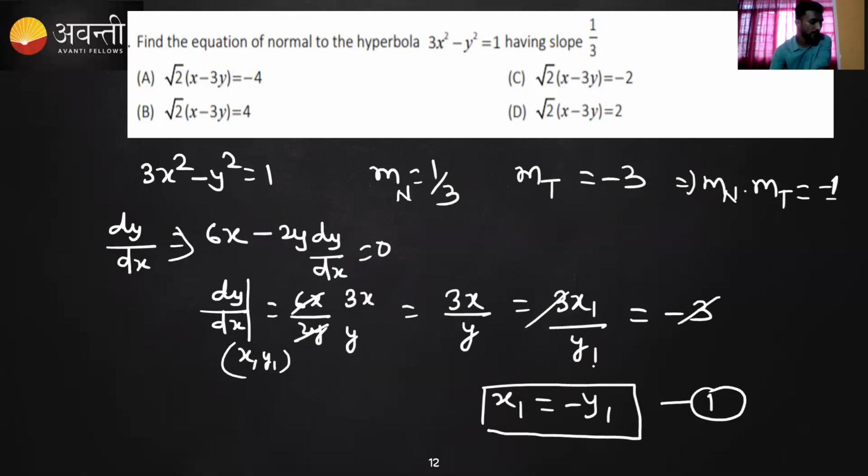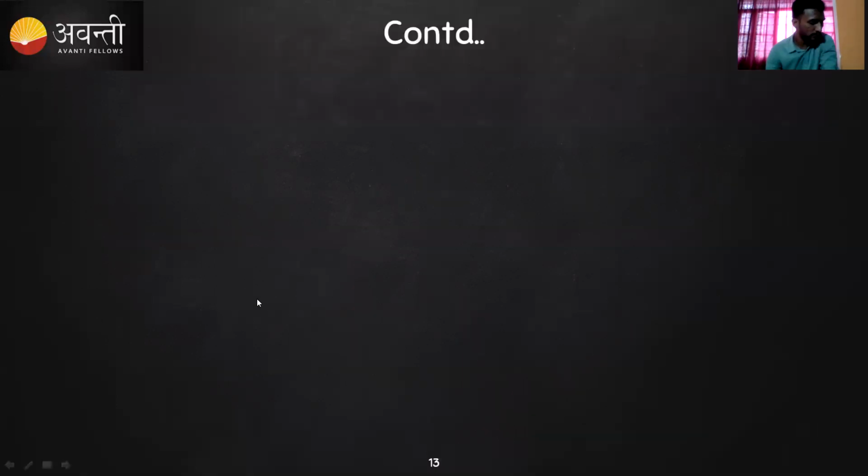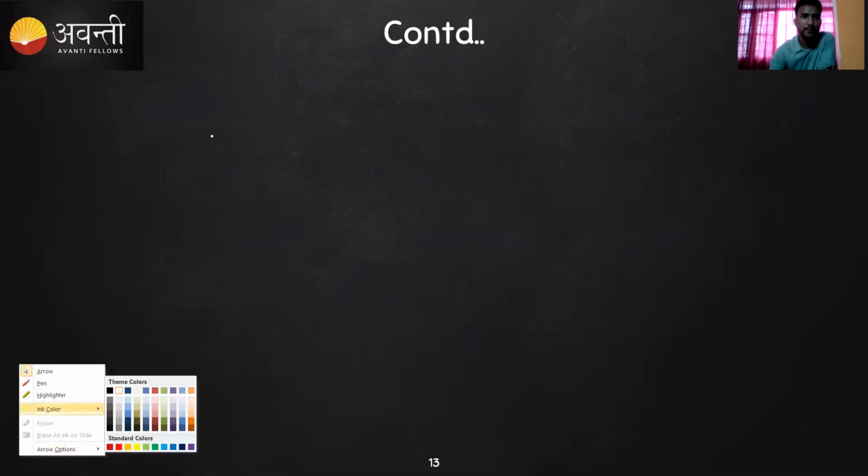We have this first relation. Since this point is on the hyperbola, it will also satisfy the hyperbola equation, because we are taking the equation of normal. So what we can do, we will substitute this x1, y1 in the main equation.